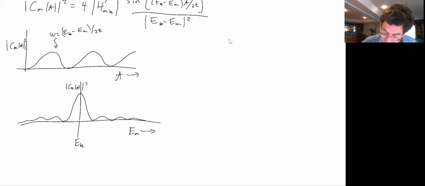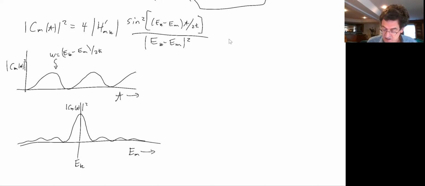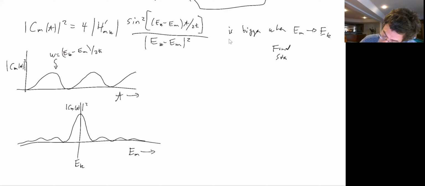We're just plotting this function, and you can see that it's bigger when the final state energy is getting closer and closer to the initial state energy. That's the final state. This is the initial state. So it really likes transitions to degenerate states. You can see that from this plot.